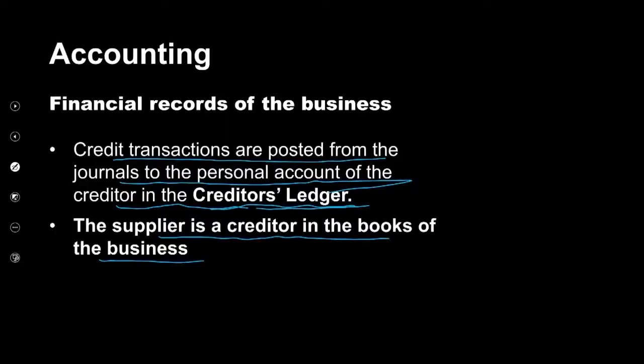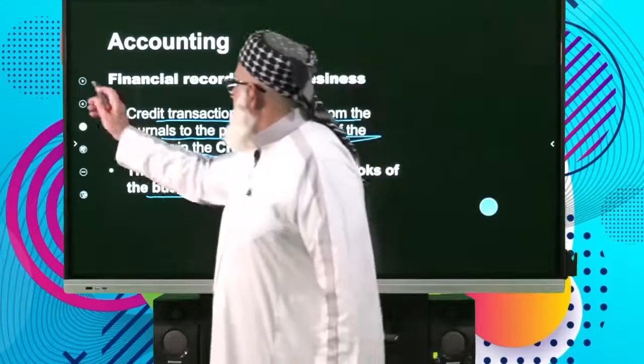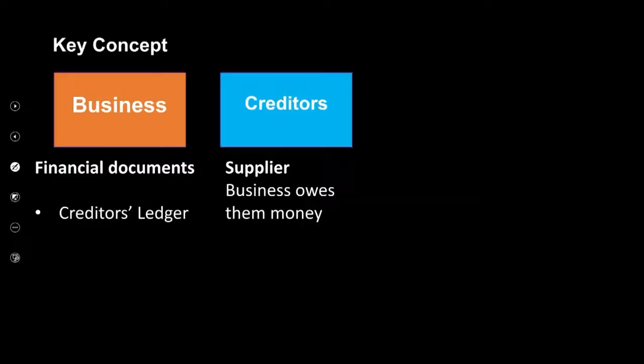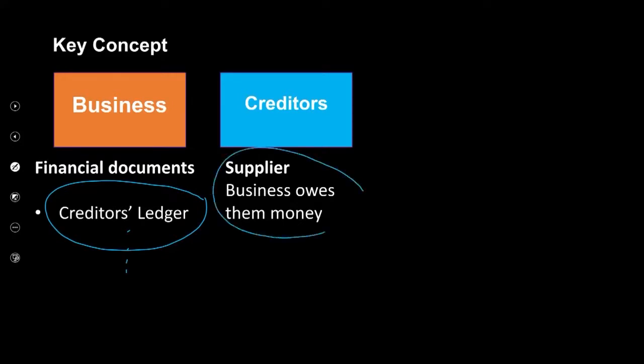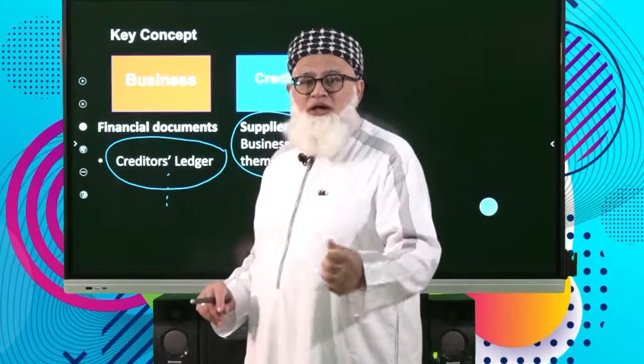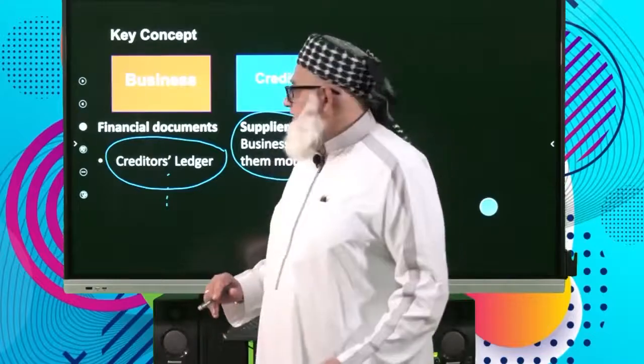And the creditors ledger will give you individual accounts of your specific creditors. So you can see that in our documents, we're keeping a creditors ledger which has individual accounts for each specific creditor, and the supplier, your creditor, whom we owe money to, will send us a statement of the amount of money that's due to them.